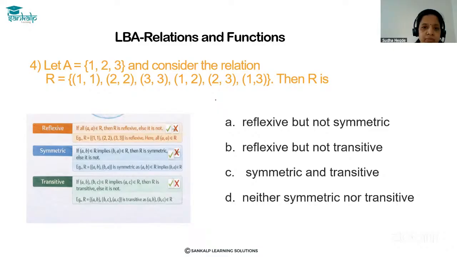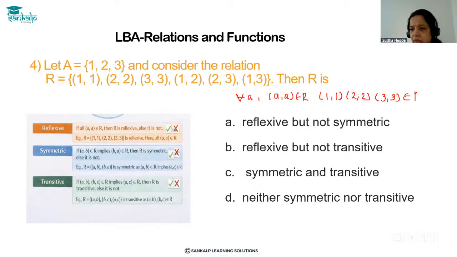See the definition of reflexive. For all a belongs to A, (a, a) belongs to R. In this case, this is true because (1, 1), (2, 2), (3, 3), all elements are there in R. Implies R is reflexive.